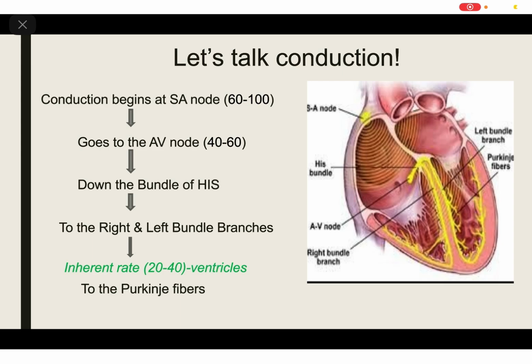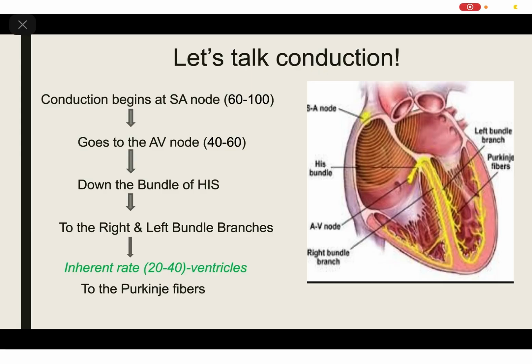If the heart all beat as one, it would get nothing done. So we need the top to squeeze first, then the bottom. That's why our primary pacemaker is up top. It squeezes first, sends that signal down lower. The AV node gives it a nice pause, then sends it to the rest of the heart so it can squeeze the lower portion of the heart. But anyways, the reason why it actually does take a second to get from the top to the bottom is because of the AV node.